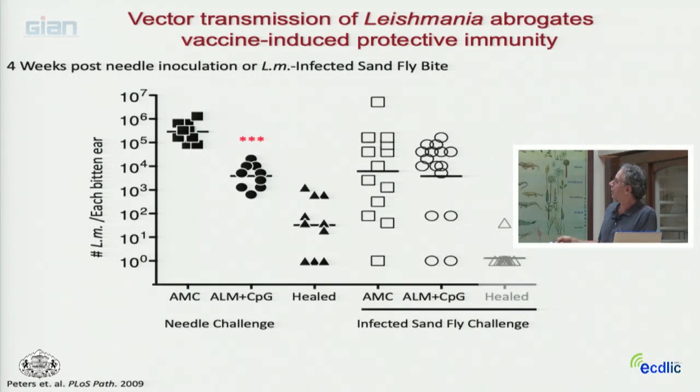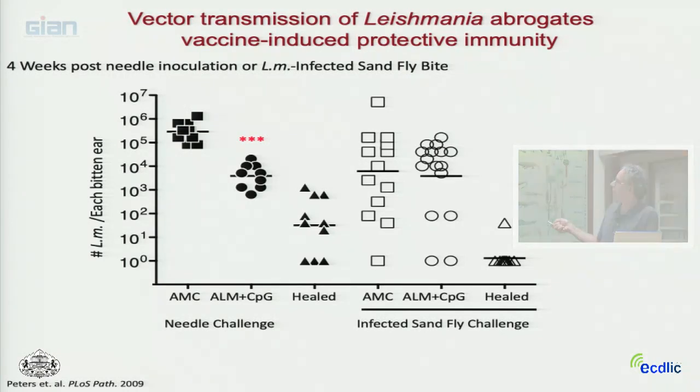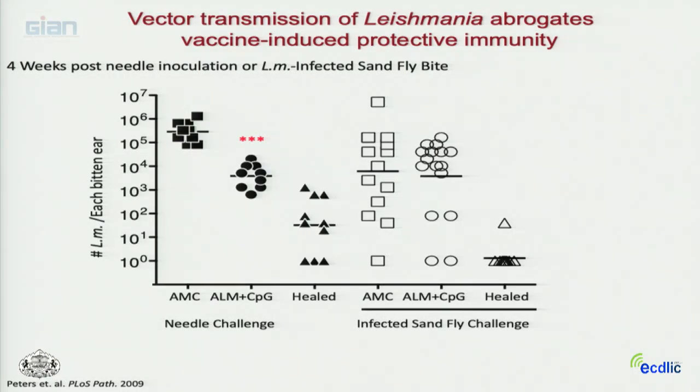And more importantly, the healed mice have just fantastic immunity even against infected sandfly challenge. So a healed primary infection, even against needle challenge, is still the sort of gold standard of immunity.